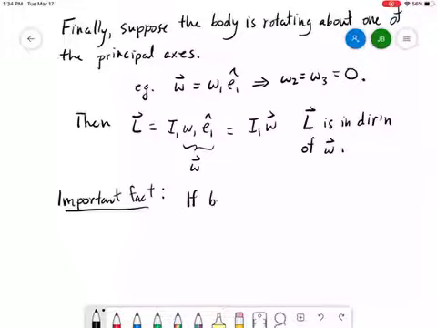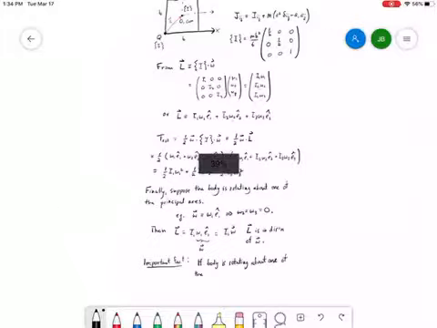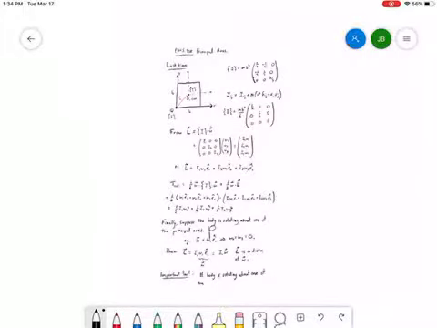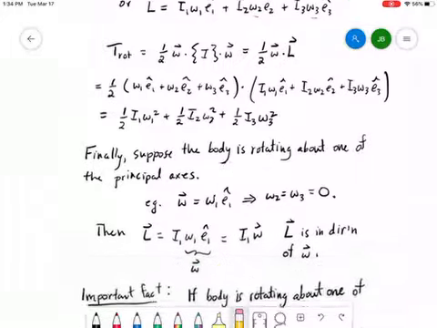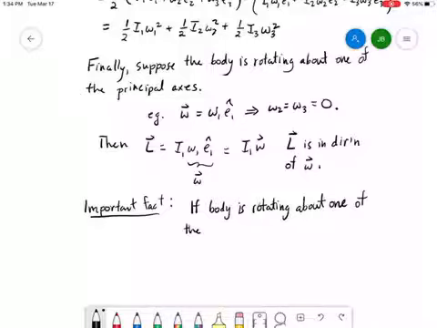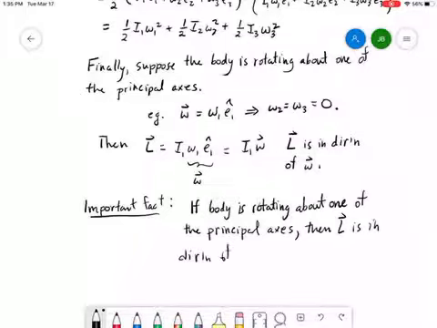So if the body is rotating about one of the principal axes, then L is in the direction of omega.